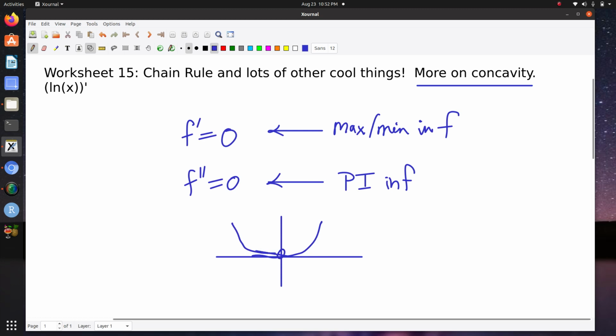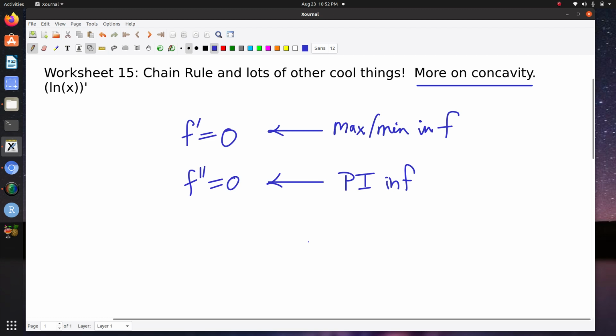It has a whole stack of zeros at the origin, but it doesn't mean it's a point of inflection. It's actually a min. So just because you have a 0 in your derivative or second derivative doesn't guarantee whether it's a max, min, or point of inflection. It just means it's in your pool of things to investigate. And then you have to work out the details along the way.